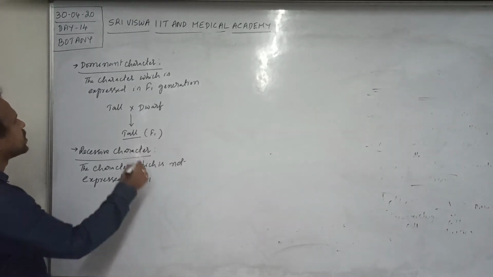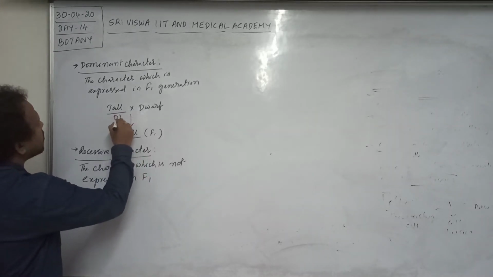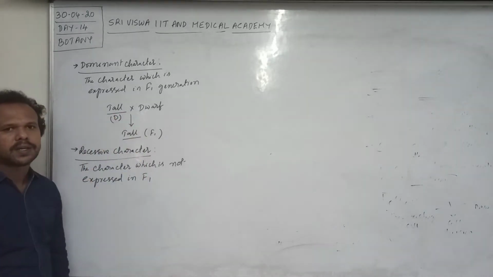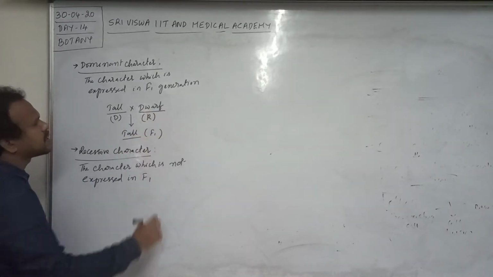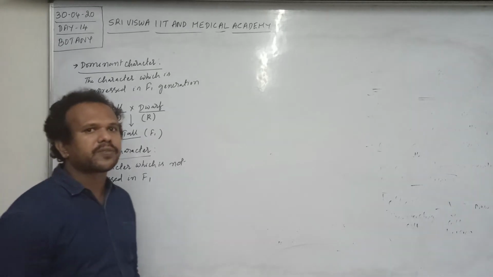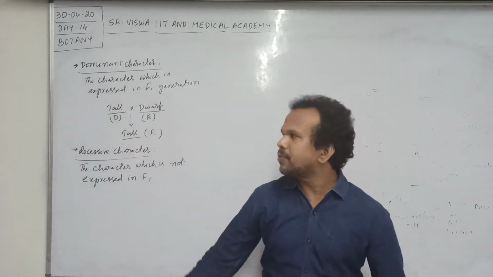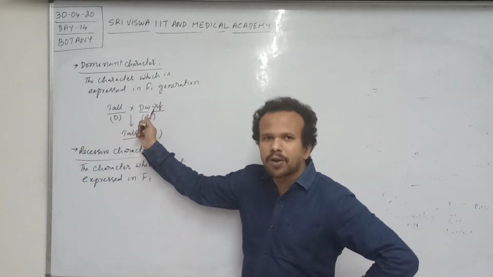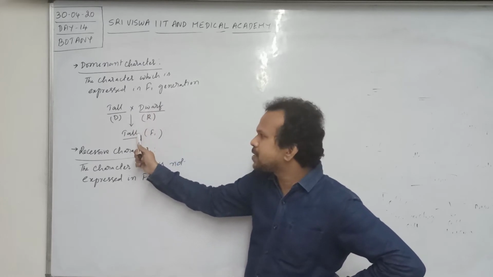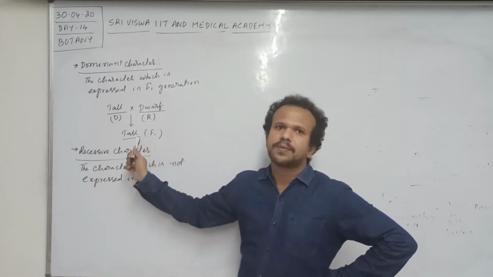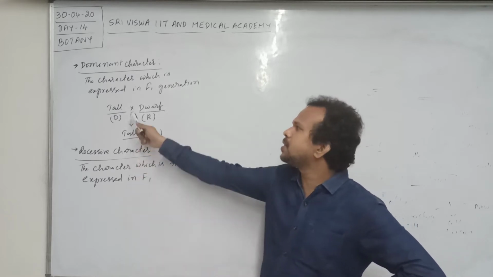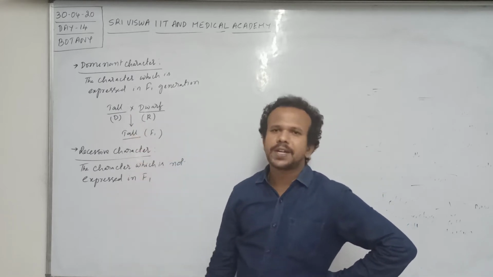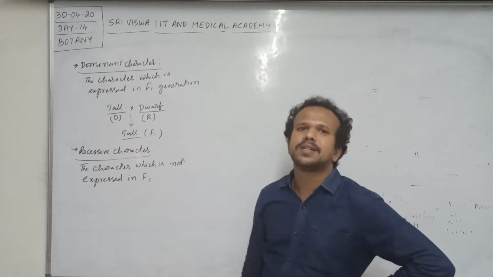For example, a tall character is expressed in F1, so it is called dominant. The recessive character is the dwarf character. Because when a tall plant is crossed with a dwarf plant, which character is expressed in F1? Tall character. So tall is the dominant character, dwarf is the recessive character.